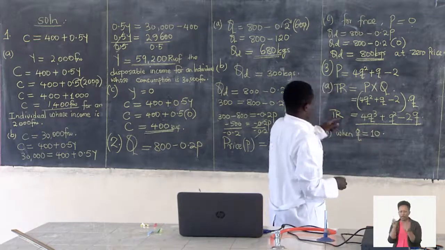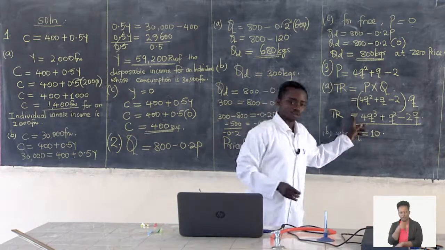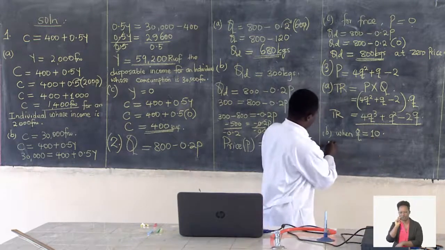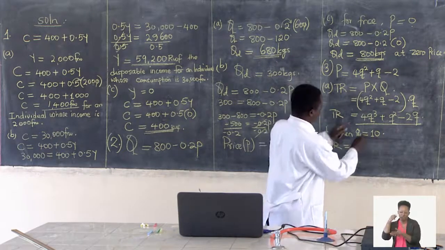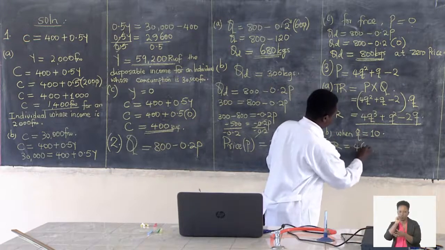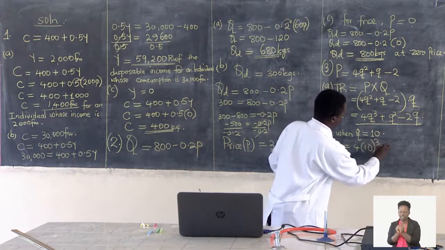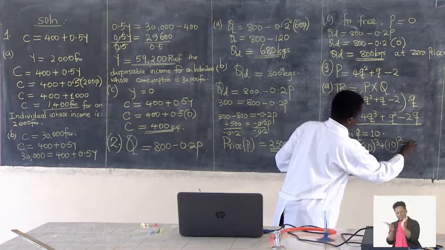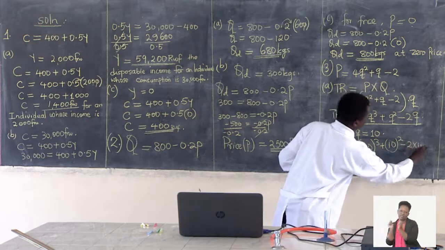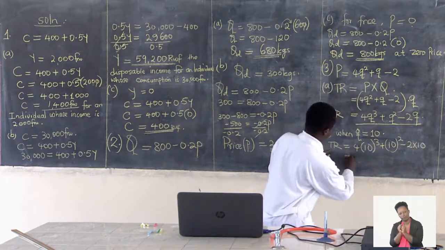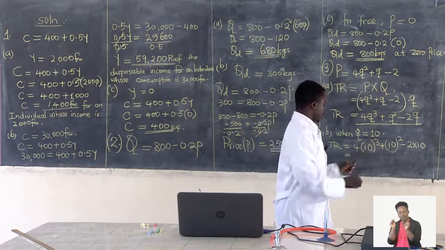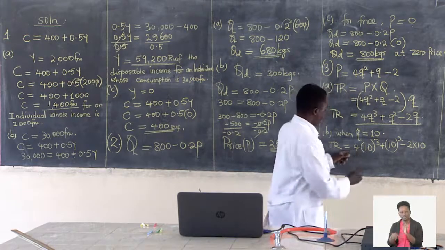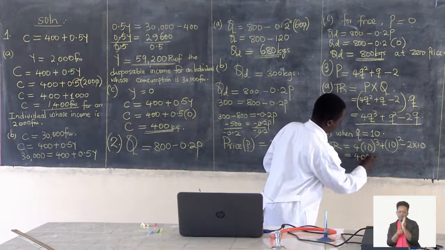You substitute the value of Q into the total revenue function. So total revenue will be 4 times 10 cubed plus 10 squared minus 2 times 10. 10 cubed is 1,000, and 1,000 times 4 gives 4,000.